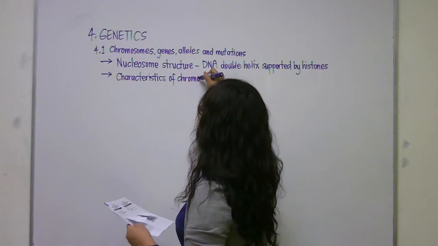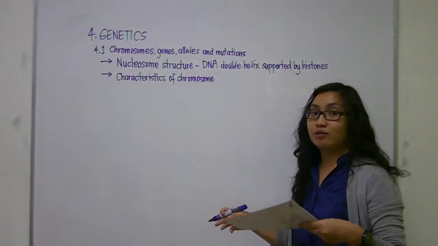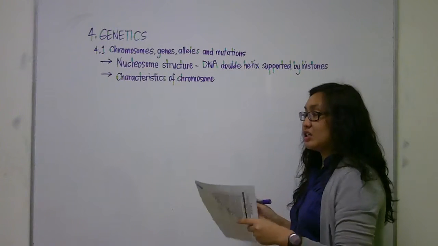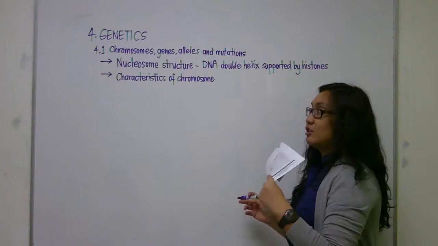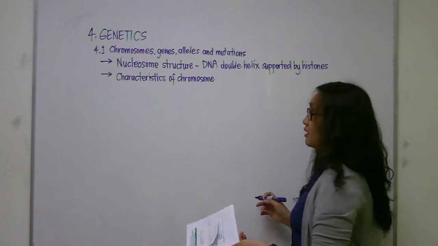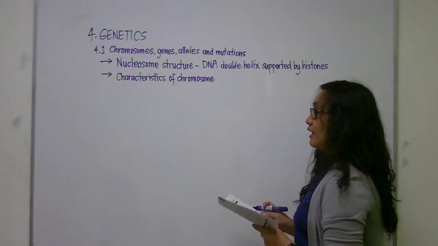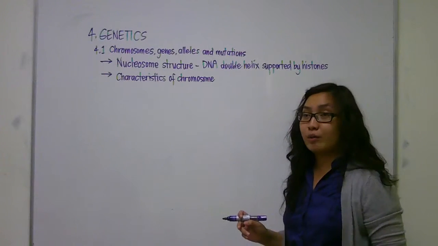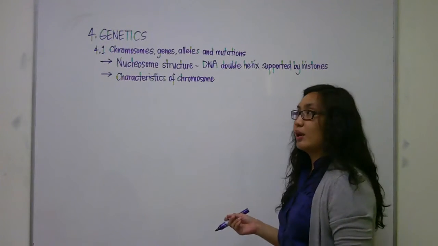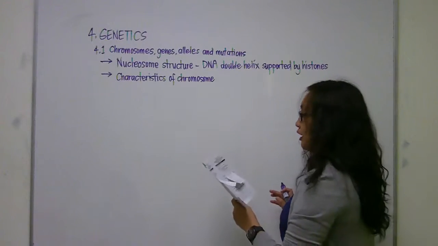For students to have a clearer idea of what the chromosome should have, we have to start with the fact that each and every organism has a specific or fixed number of chromosomes. In the case of humans, we have 46 chromosomes, and they always occur in pairs. So we have 23 pairs of chromosomes, coming from each parent. So in a diploid organism, we have 46 chromosomes all in all.